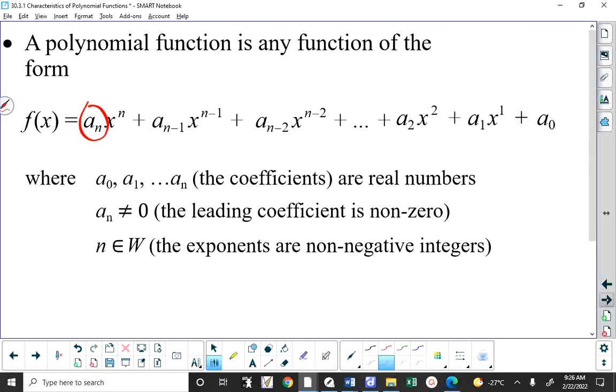Right, because 0 times anything is 0, which means if the first coefficient was 0, that wouldn't be the first term, would it? It would be the next term that would be the first term. So it's just a mathematical definition that the first term cannot be 0, which would happen if the leading coefficient is 0, because if the first term is 0, then it's not the first term. Okay, so don't get bogged down with that.